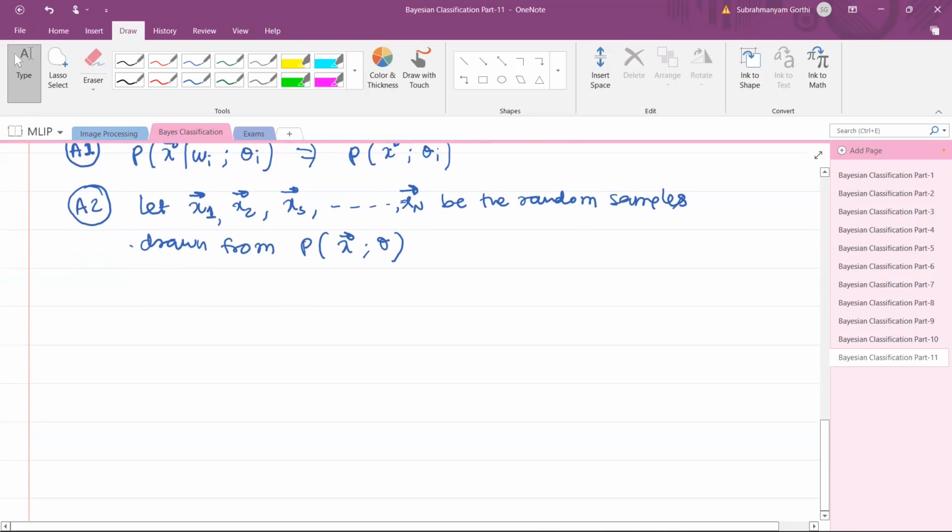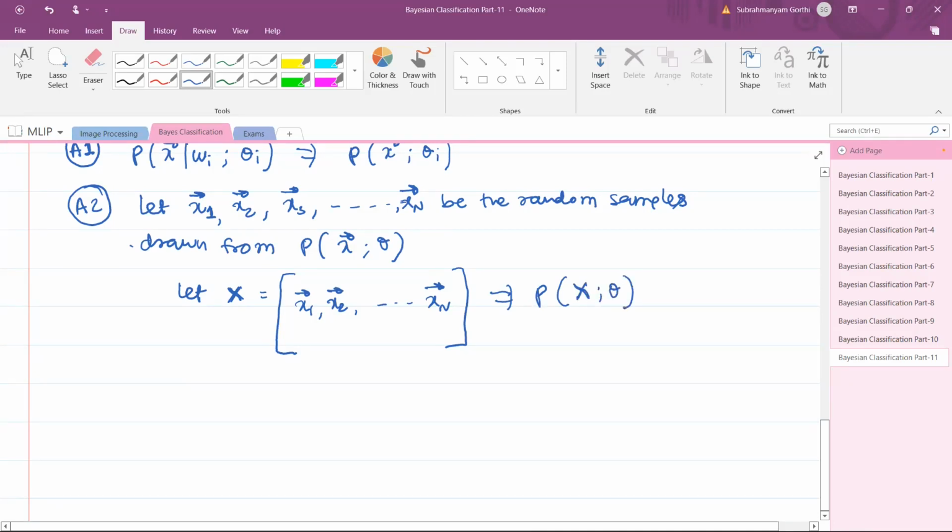So I would write this now as a single matrix. Let me put a bold letter there. I won't keep the bar anymore because that's a matrix. Let this x be x1 bar, x2 bar, and so on, xn bar. So now my problem is the probability of x given theta.